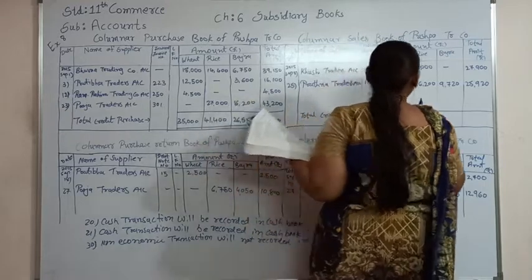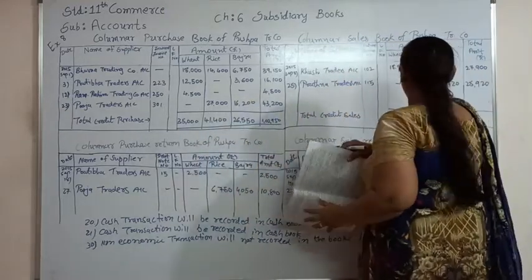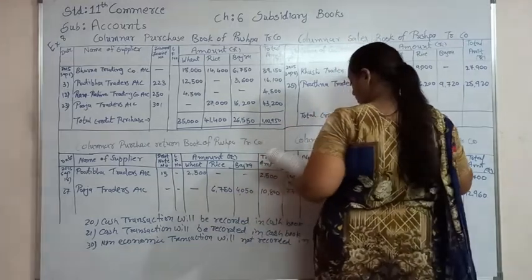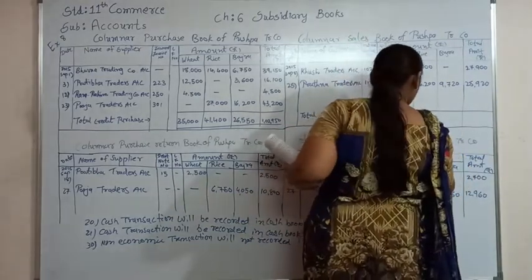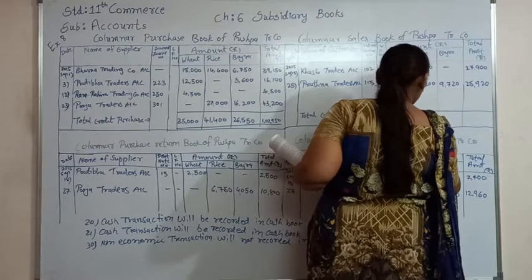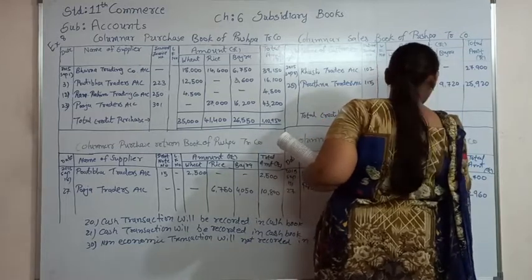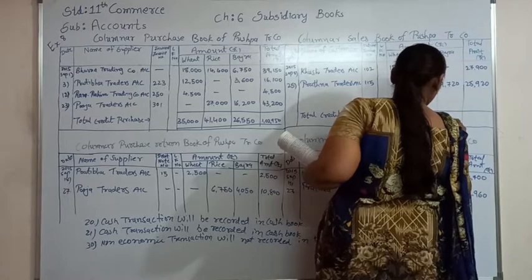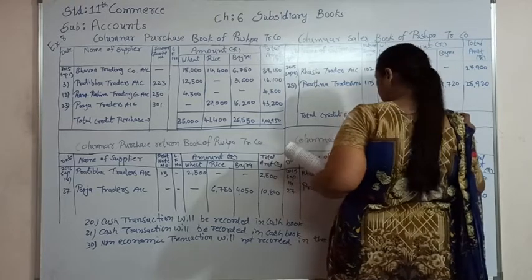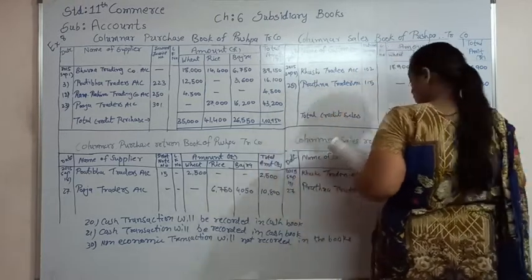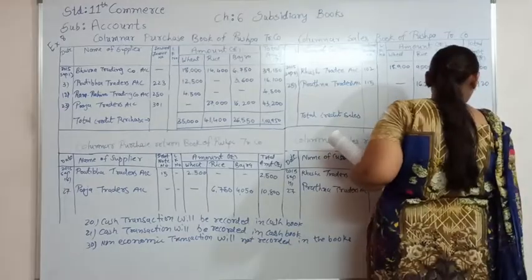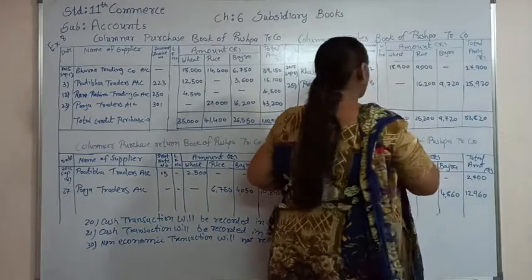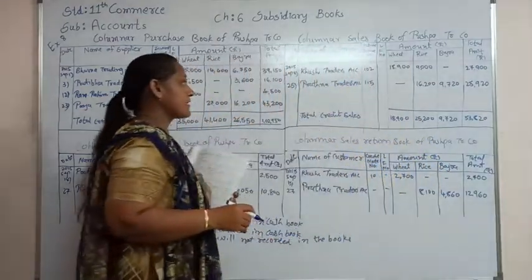The total of rice will be 25,200, and this will be 9,720, and the total will be 53,820. So that is the total of credit sales.